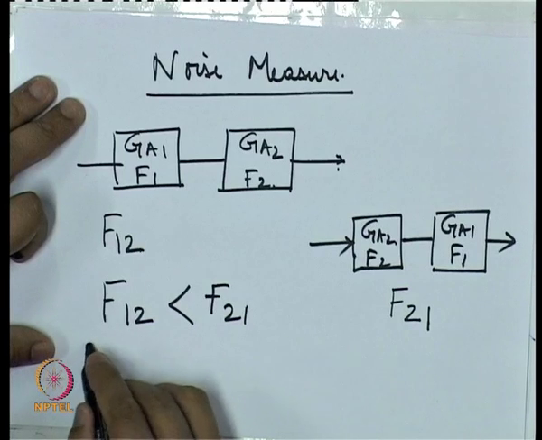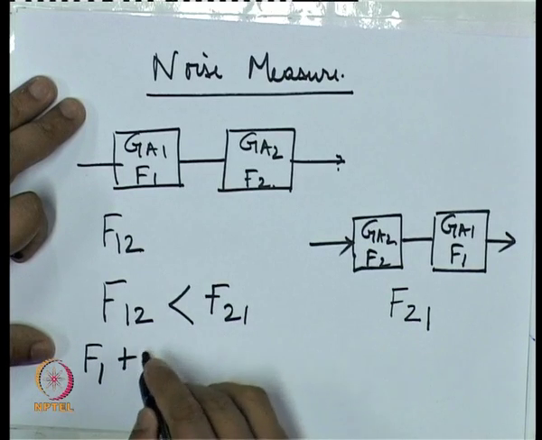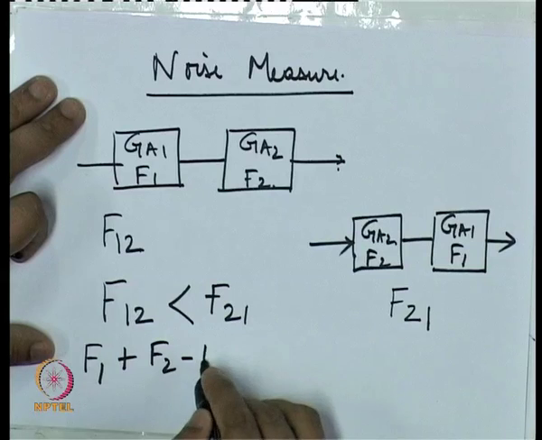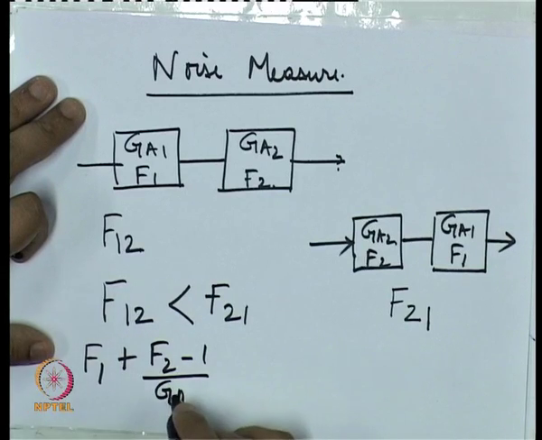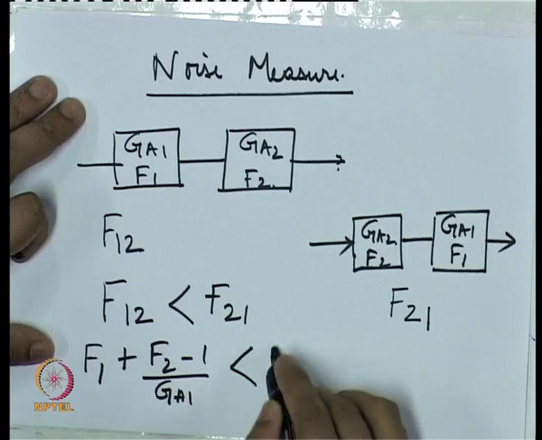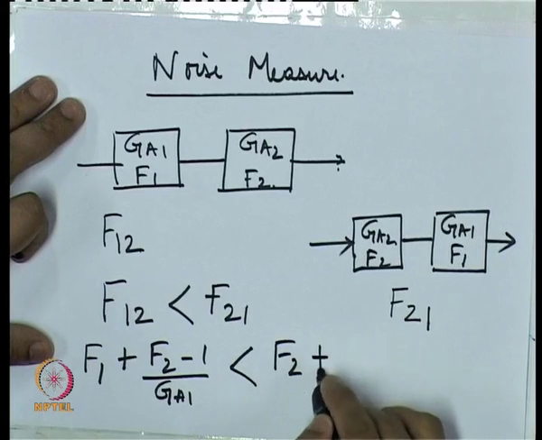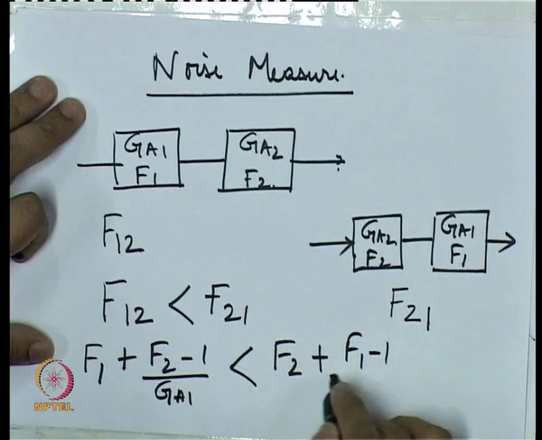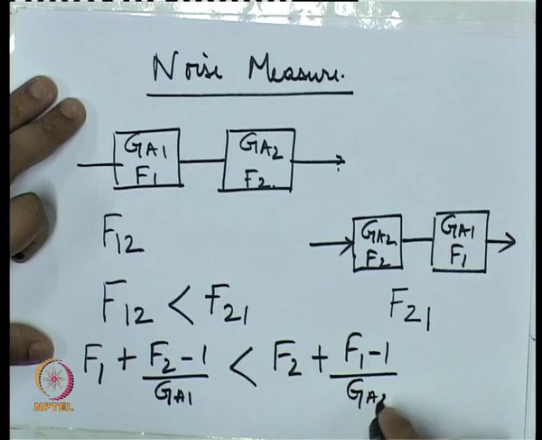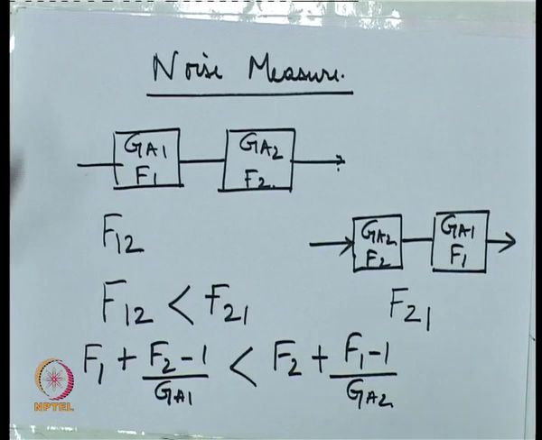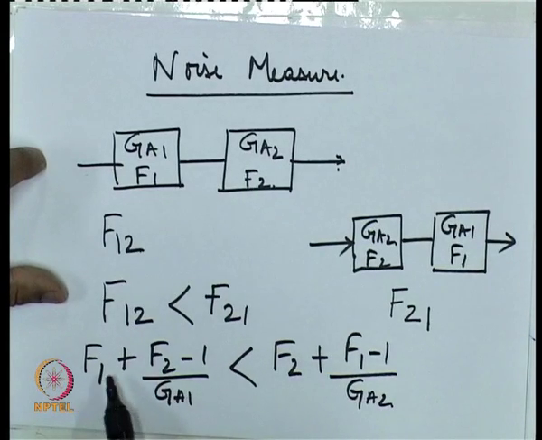then F12, from the formula that I gave in the previous slide, will be given like this, and F21 will be given like this. Now the problem with this equation is that the elements F1 and F2 are mixed on the LHS and RHS.